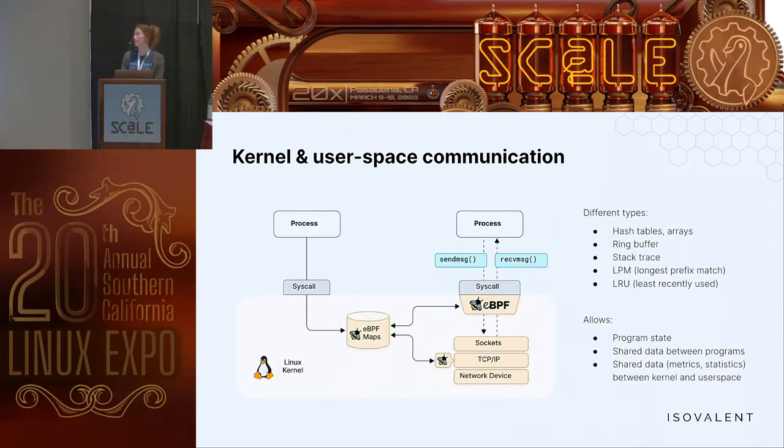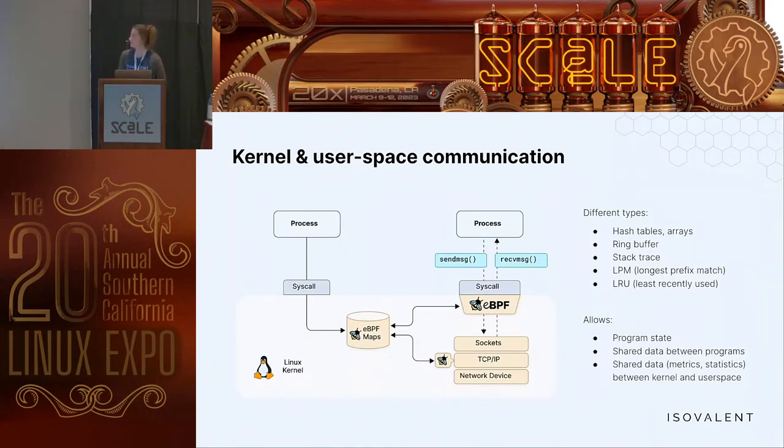Okay, so now we can run BPF programs, but what can they do? How do they actually communicate with user space? It's important to understand that BPF programs are only the instructions. There is no state and no dynamically allocated memory.